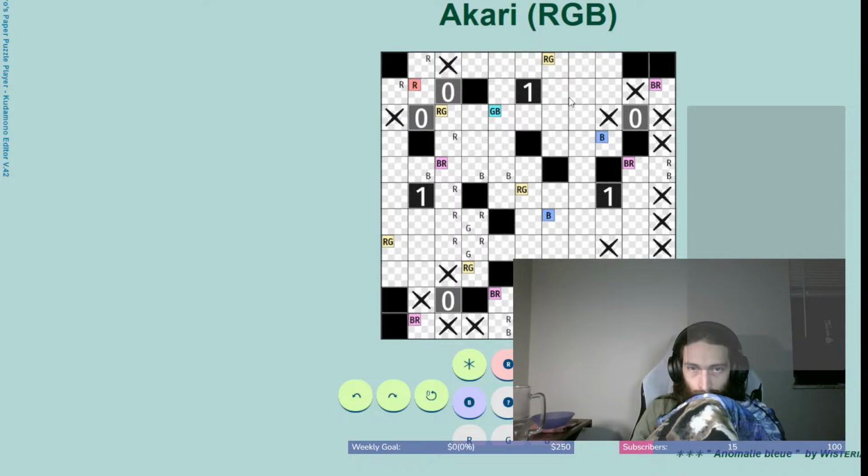All right, in row 3, there's a red-green, and then to the right of that, there's a green-blue. So I need a green in this row. Right. Okay, and we know that the red has to be in the row underneath that.